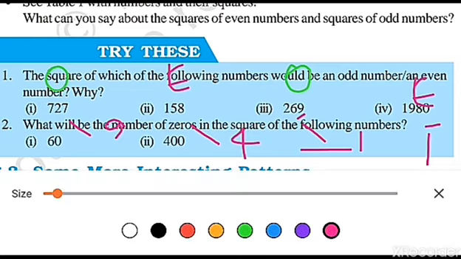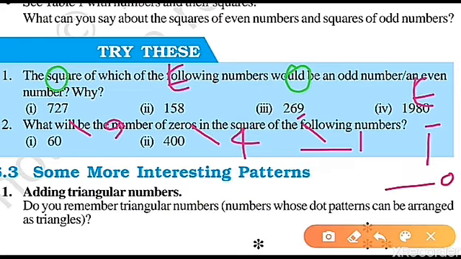Now you can see that 9 is not divisible by 2, so the square is an odd number. Here 8 squared is 64, and 4 is divisible by 2, so it is again an even number. Here it is an odd number.